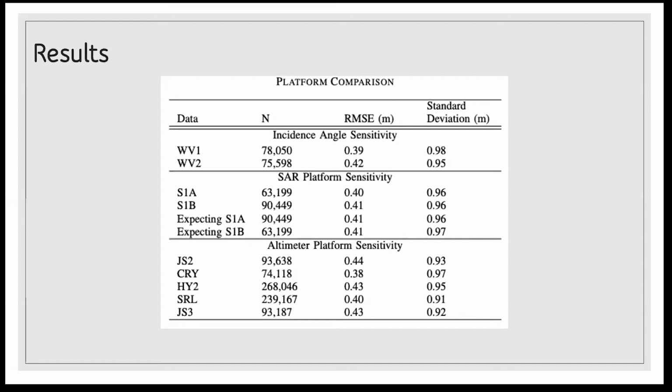And then in varying the platform, we see that there's not much platform sensitivity, which is also promising because it shows that our model can generalize to multiple platforms and that specific calibration doesn't actually have much of an effect.